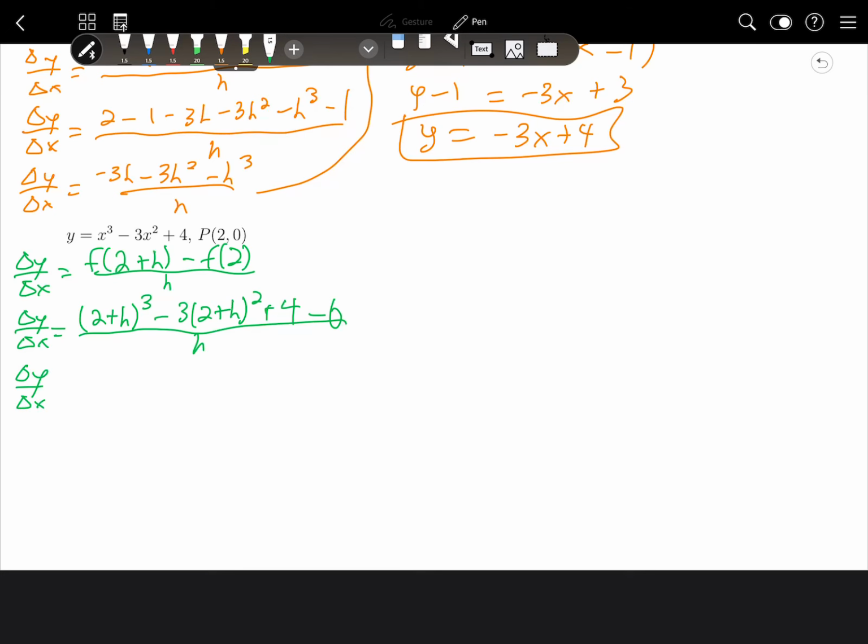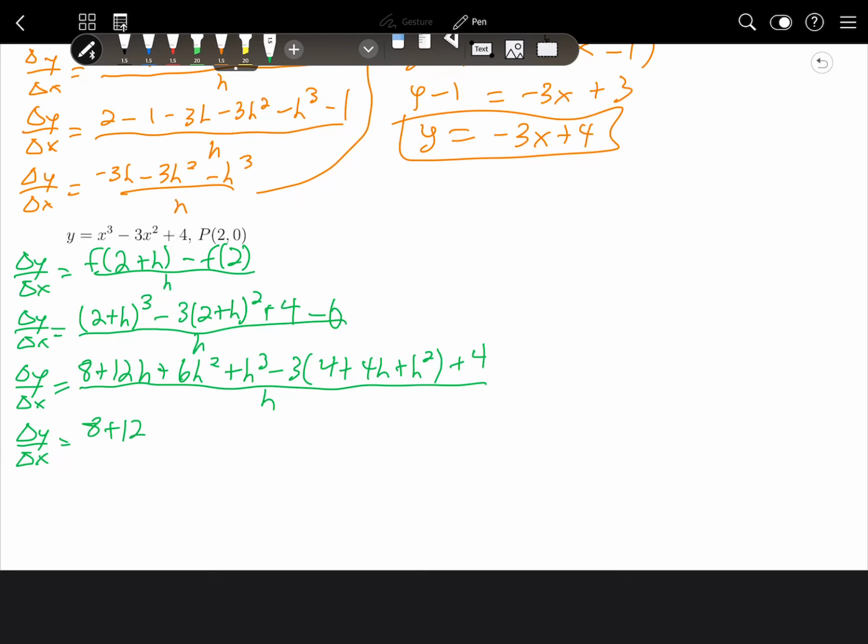So delta y over delta x, 2 plus h cubed is 8 plus 12h plus 6h squared plus h cubed. Minus 3 times 2 plus h squared is 4 plus 4h plus h squared, plus 4 on the end. So that just comes along. Now distribute the negative 3.